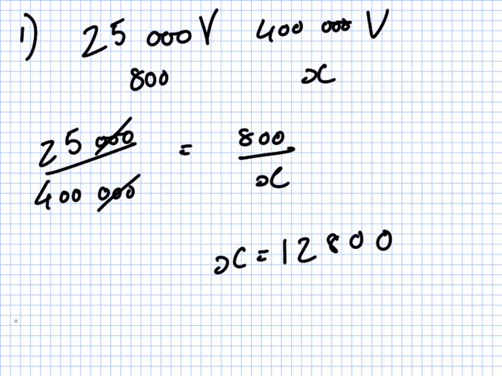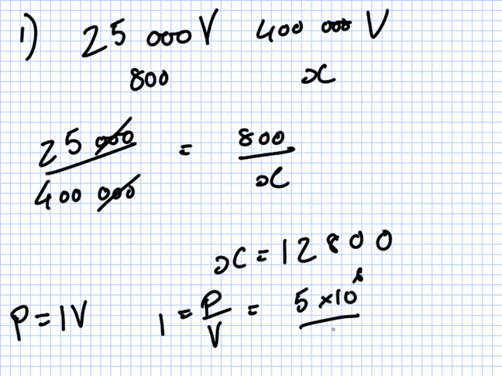So the power equals IV, and I equals P over V, and the power is 5 mega, and it's the current in the input, which has a voltage of 25 kilo. So that is 0.2 times 10 to the 3. Is that right? 200? Yes. So the current is 200 amps.